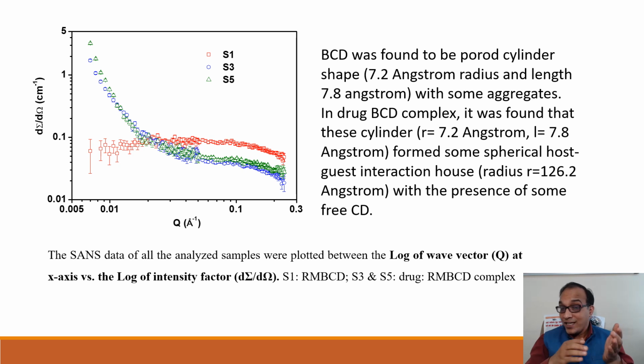We had a good interaction with people who were experts in these things, and we tried to study these interactions. We found that the BCD is basically a porous cylinder shape of 7.2 angstrom radius and length of 7.8 angstrom, with some aggregates when we prepared the complexes.